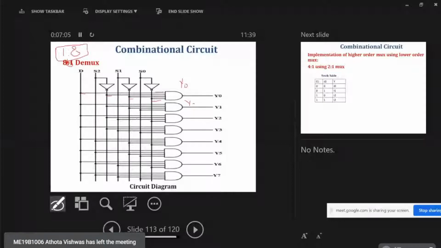And for y7, this is S2, this is S1, S0 and this is D. All these four lines will be ANDed, which will generate y7. So this is S2, S1, S0, D. Okay, I think it's clear now.